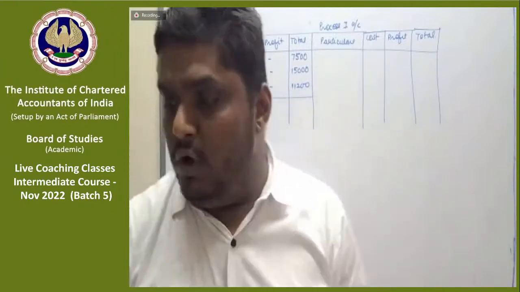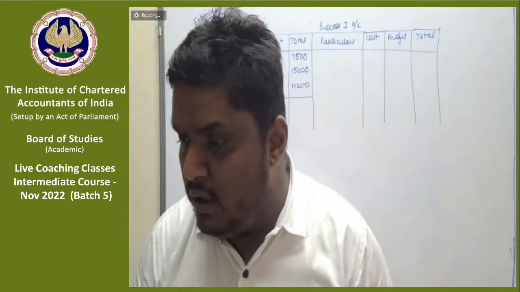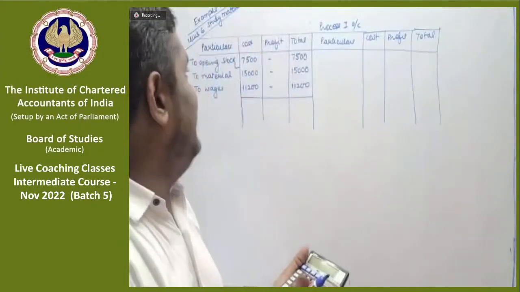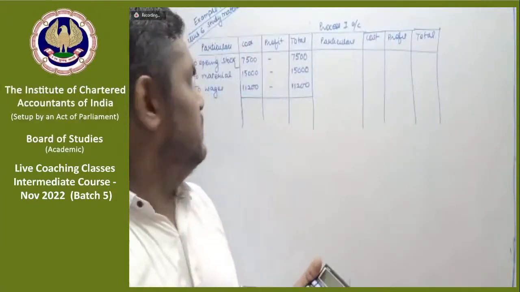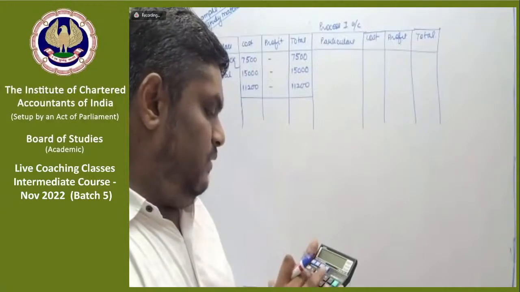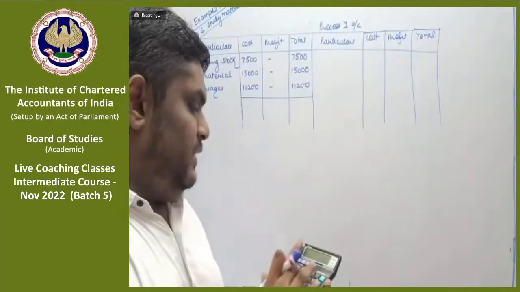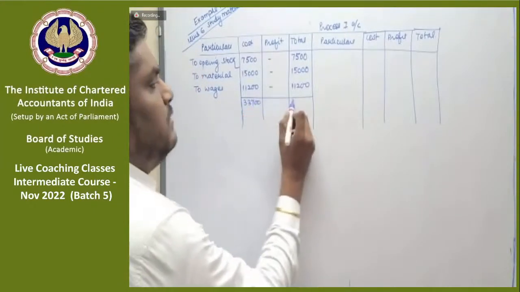Since the closing stock is valued at prime cost, so we'll be calculating the total of opening stock, wages, and material. So we are getting 7,500 plus 15,000 plus 11,200. So 33,700 is the prime cost.